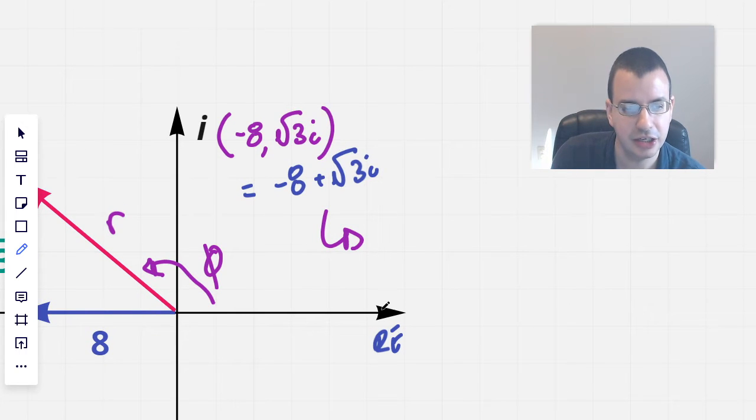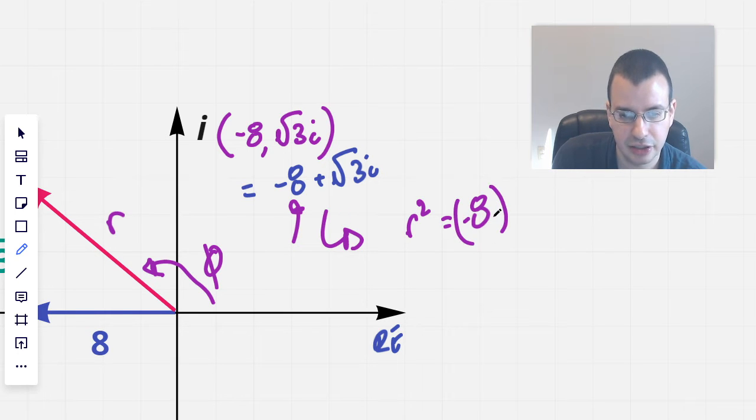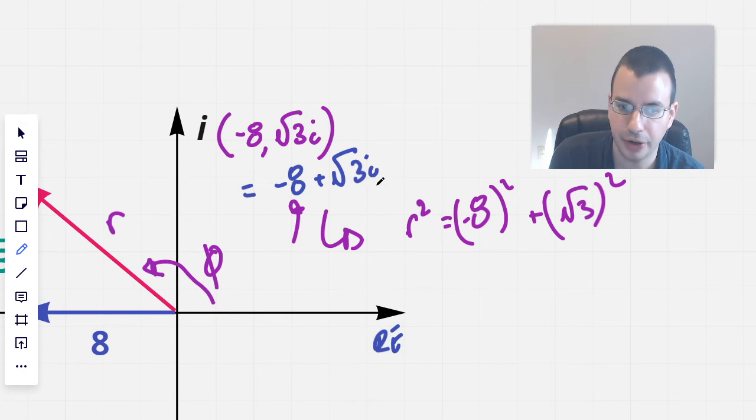We take the square, so r squared is going to be -8 squared plus √3 squared. And we leave off the i, the complex component, because that's just telling us which axis to use. That's not really actually part of the number.